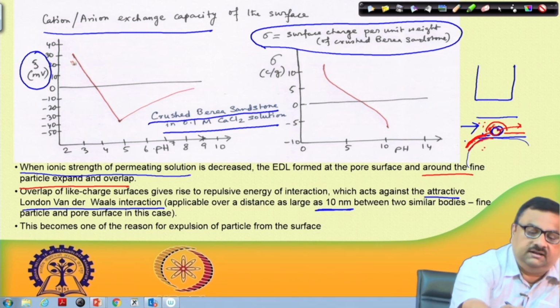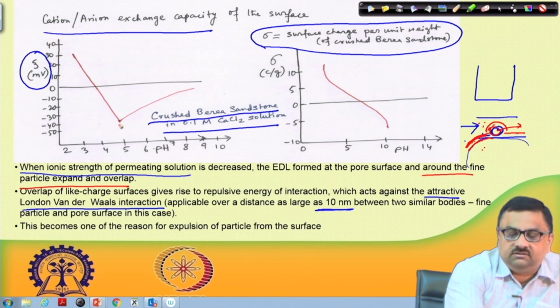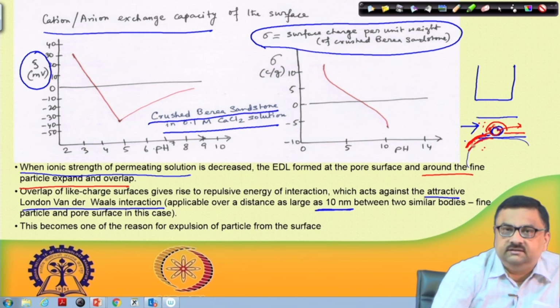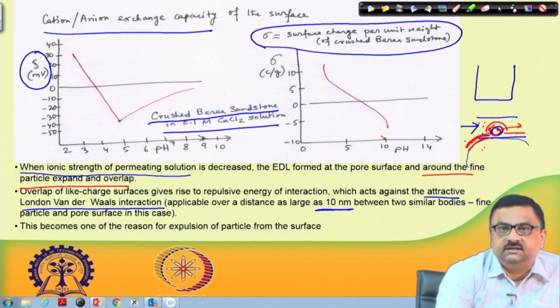We can see that the zeta potential changes drastically, from 30 millivolts to minus 30 millivolts as the pH is changed. So, if the ionic strength changes, you can expect the thickness of the electric double layer to also change significantly. Similarly, the surface charge per unit weight also changes drastically with pH.